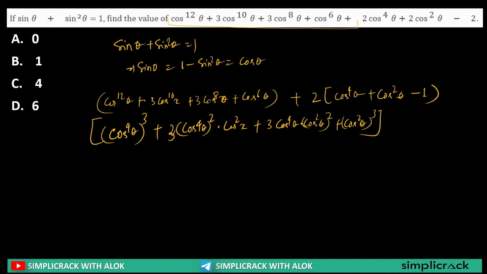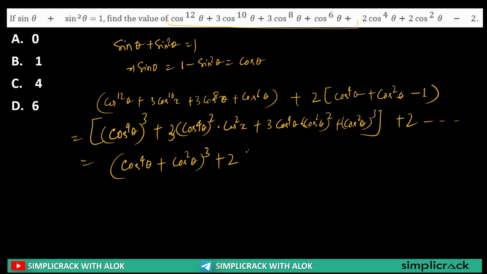This whole thing can be written as this. You can check. Now this whole thing, cos to the power 4 theta plus cos square theta, will keep it as it is. Okay. So this is as it is.